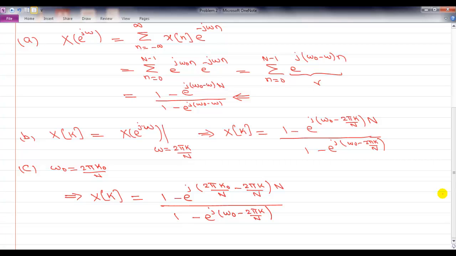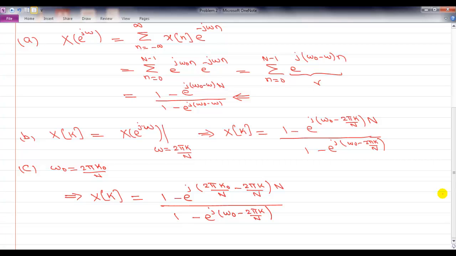What the question is asking is, previously we were told that we have x[n], which is just some sinusoid with frequency omega naught, that is any frequency, and we are looking at it from 0 to N minus 1. Now the question is, what happens if that frequency was a multiple of 2 pi over N?